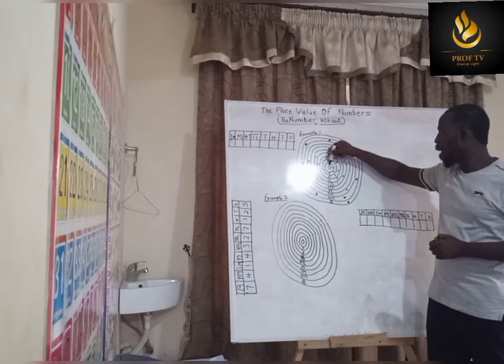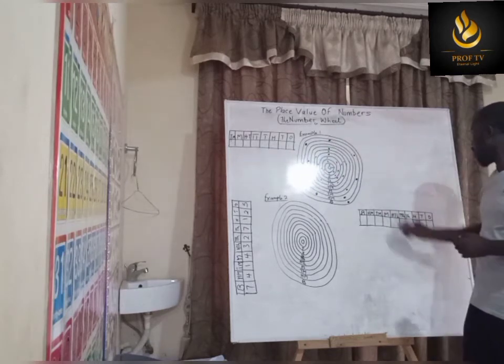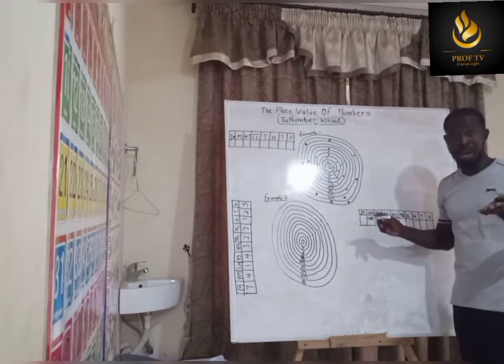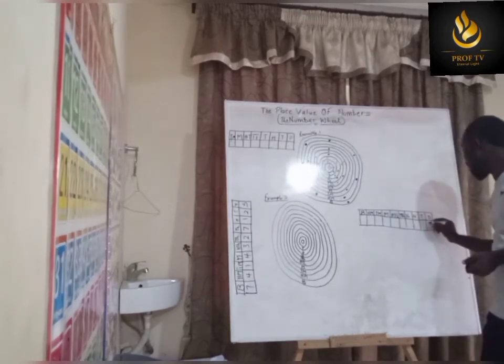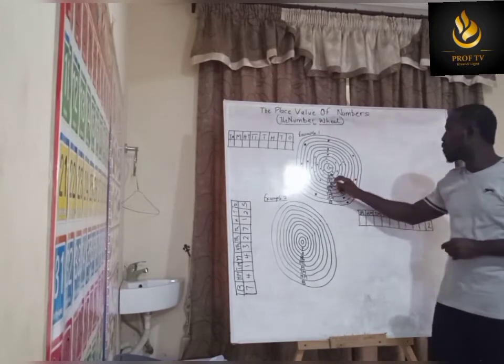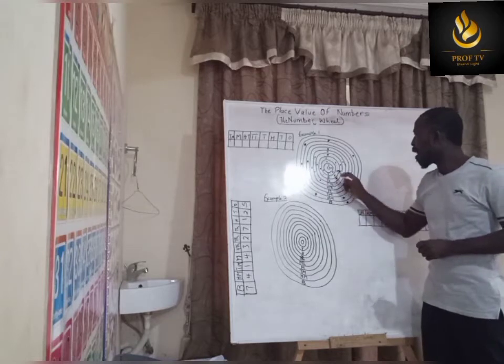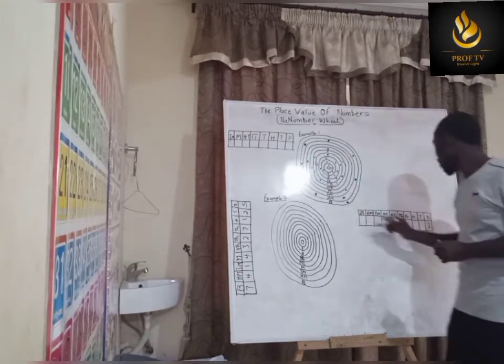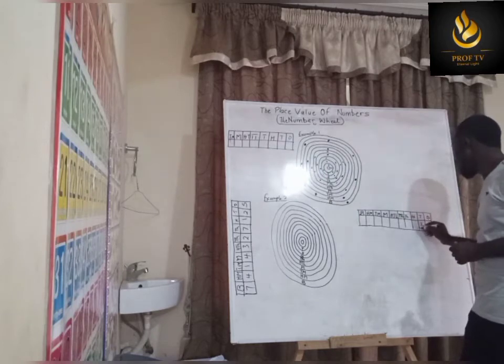We have 1, 2. So the ones column, we have only 2. I hope you understand. So write that one here, 2. Easy. Then we come to the tens. How many dots do we have? 1, 2, 3. We write that one here, 3.